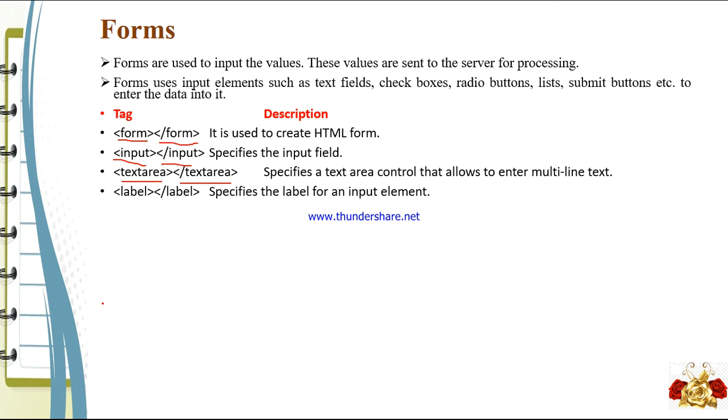Label, a label for an input element. Button defines the clickable button. Select is used to create a drop down list. Optgroup is the option group, and option is an item in the drop down list.